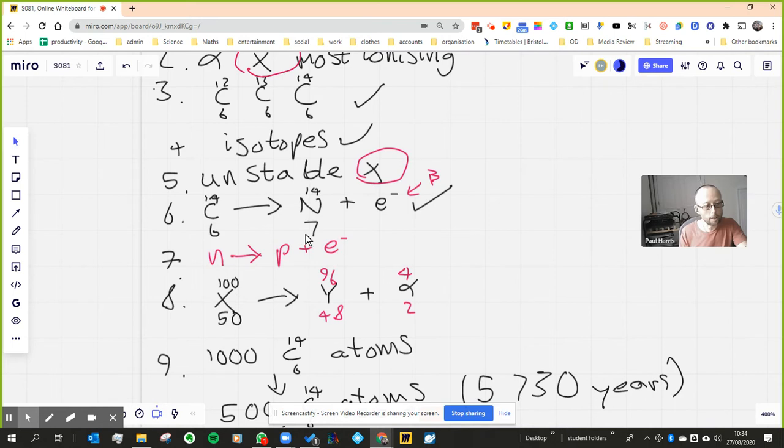That's why the atomic number goes up. But the mass number stays the same because no extra stuff was added and no stuff was taken away. It's just that neutron changed into a proton. And because the neutron and the proton had basically the same mass, the mass number stayed the same. And so when the neutron decays into a proton, it also produces an electron. So that is what's going on in all beta decay.